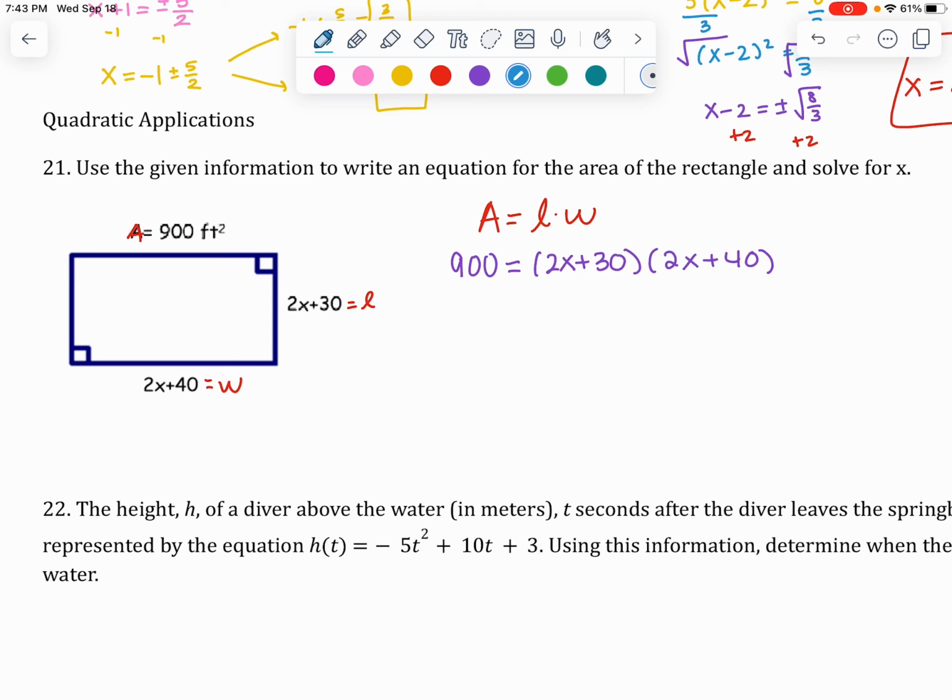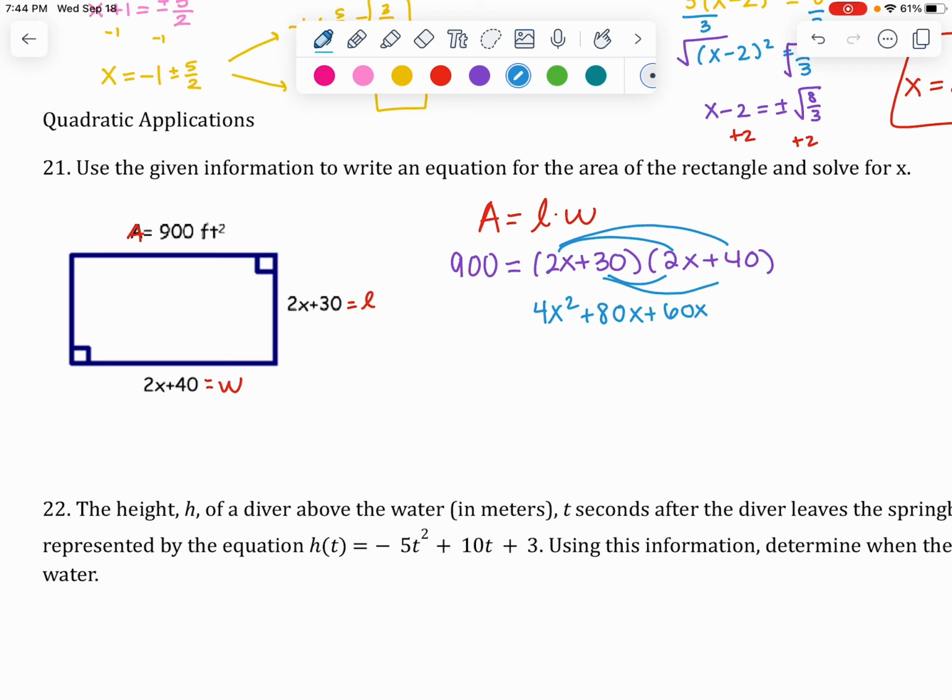All right. Next thing that I want to do is actually distribute the 2x plus 30 times 2x plus 40. So 2x times 2x is 4x squared. 2x times 40 is 80x. 30 times 2x is 60x.